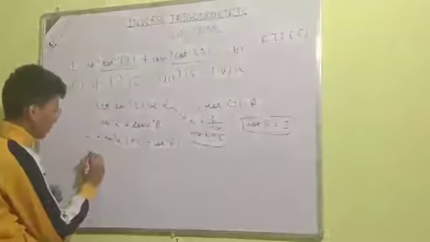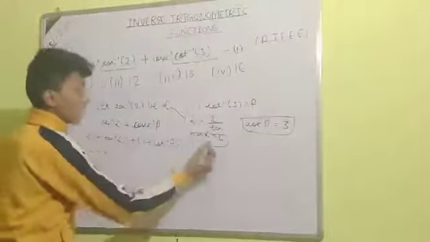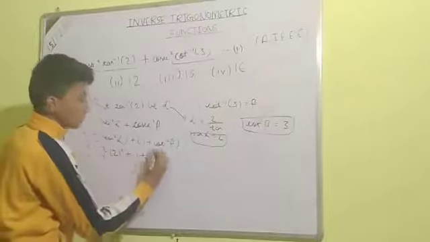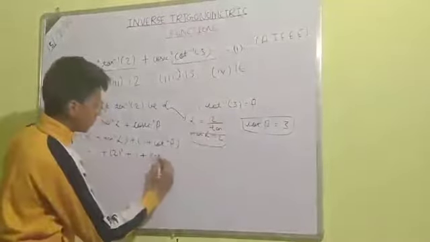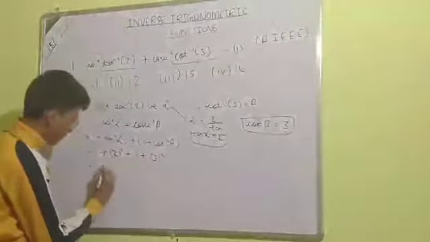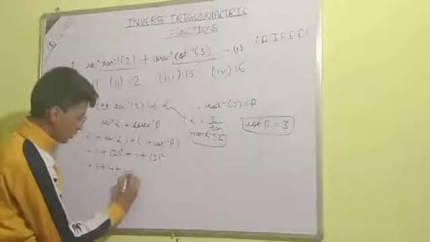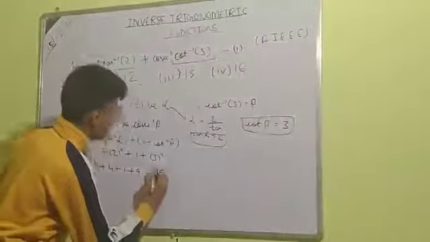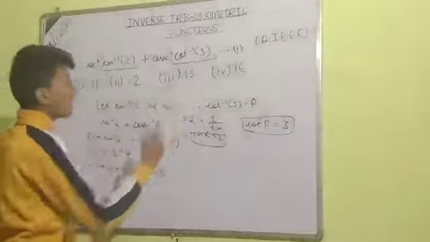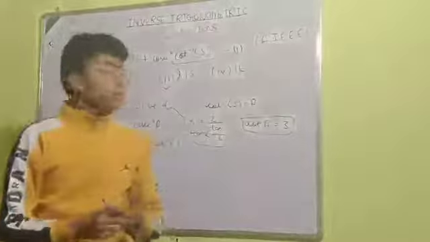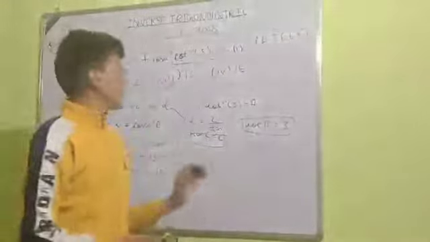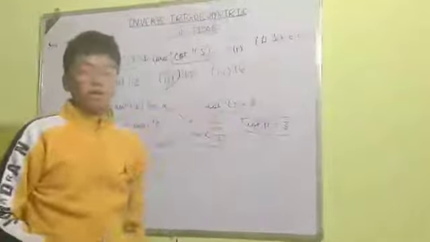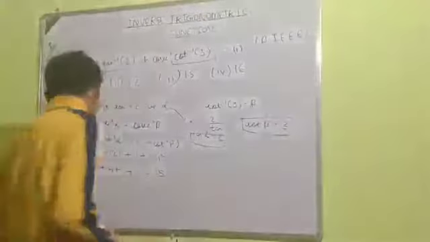So now that value will be 1 plus tan alpha is 2, that is 2 square, plus 1 plus cot beta 3, square of 3. 1 plus 4, 1 plus 9, that is equal to 15. That is option number 3 is correct. Hope you understand this question. Being a simple question, this was so easy, but it was a JEE question, so I wrote that question.